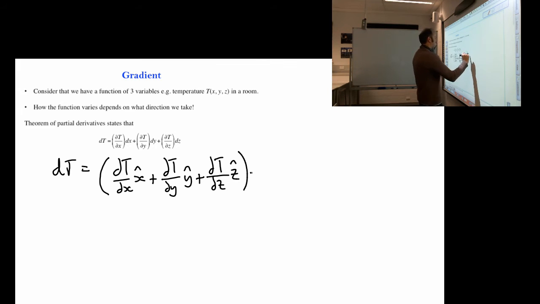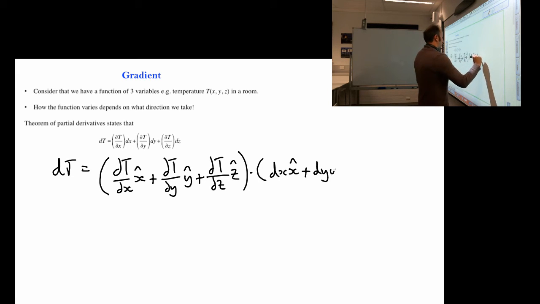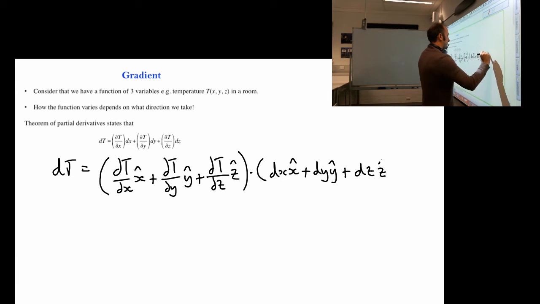And I take the dot product with dx x hat plus dy y hat plus dz z hat.